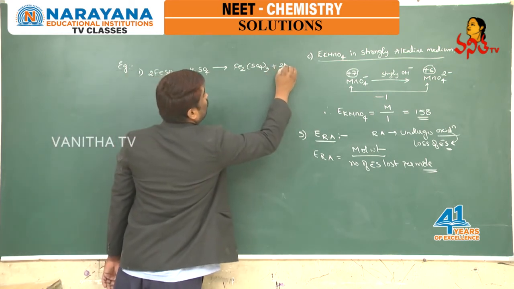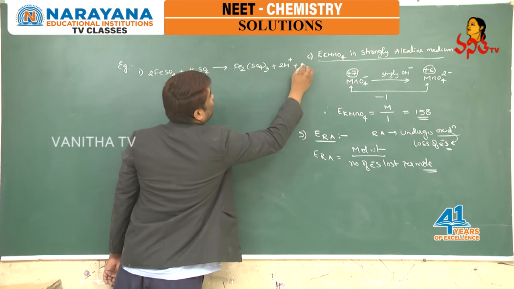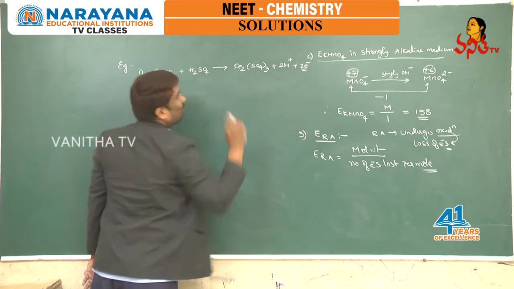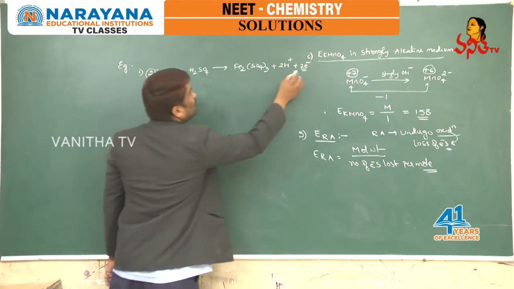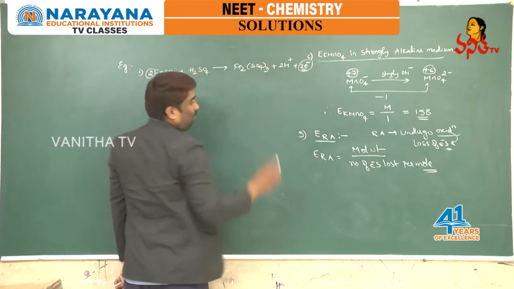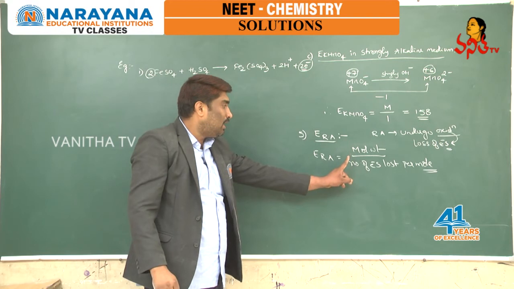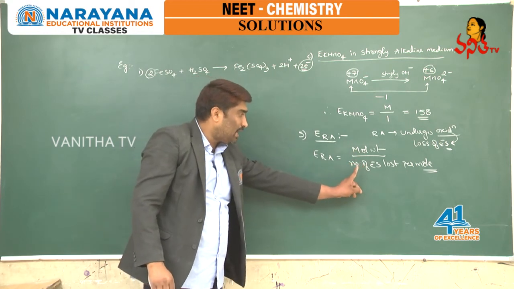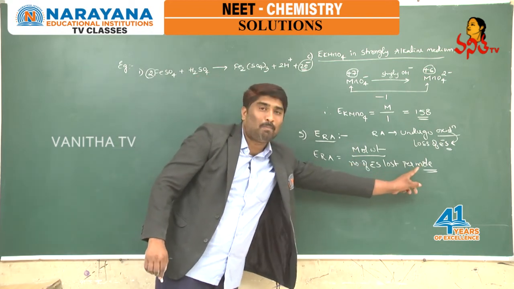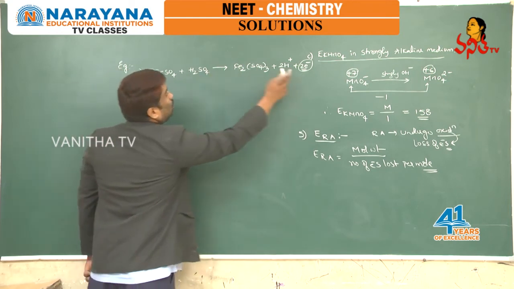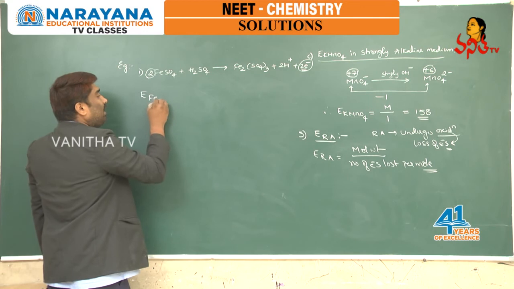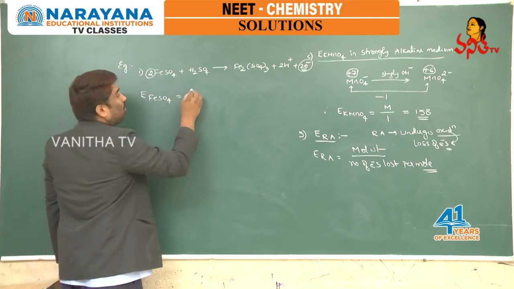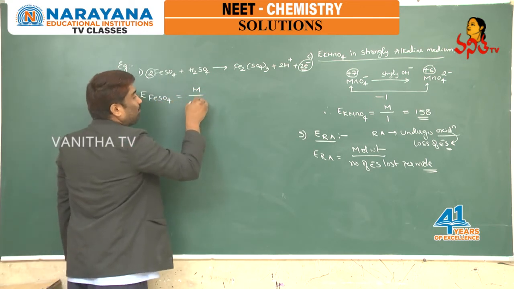That means this should be 2 moles of H+, and here this should be 2 moles of electrons. So, 2 moles of FeSO4 is losing how many electrons? 2 electrons. But you have to calculate the n factor for number of electrons lost per mole. For 2 moles, 2 electrons. Per mole, 1 electron. Therefore, the equivalent weight of FeSO4 is equal to molecular weight by 1.